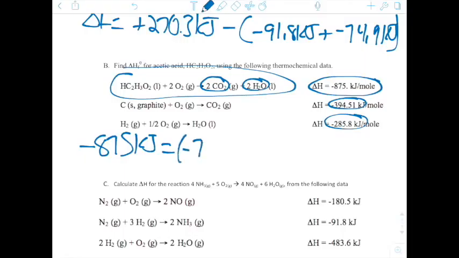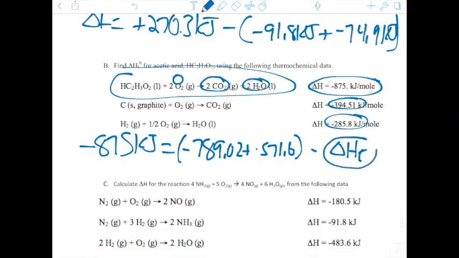And what we get is our negative 789.02 plus our negative 571.6 minus our reactants. So oxygen is going to be 0, and then the only reactant that we're going to have is our delta H f of acetic acid. And so when we do this, we're going to solve for our delta H f of acetic acid.